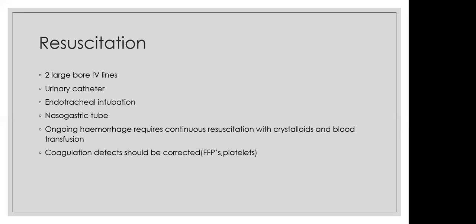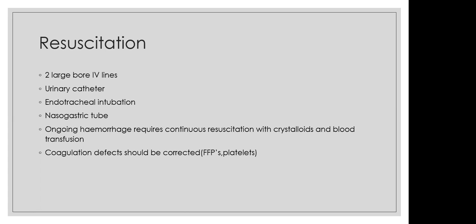It's also beneficial later, especially in patients with variceal associated upper GI bleeds, that you might need to do a gastric lavage in order to be able to see clearly when you're doing an endoscopy. As the patient continues to bleed, you also need to continuously resuscitate your patient with crystalloids as well as blood transfusion.